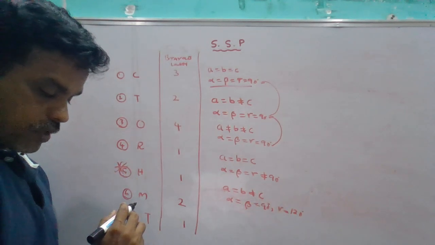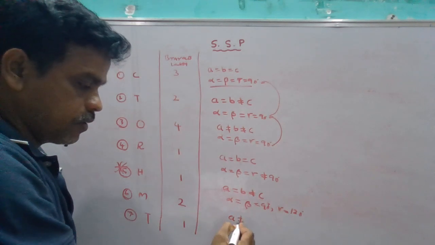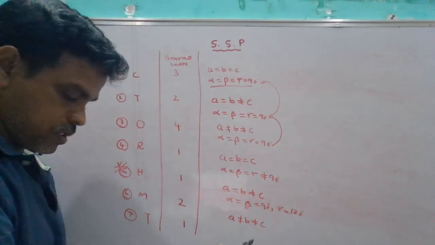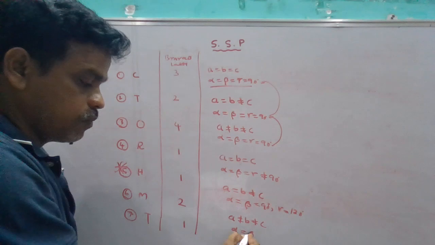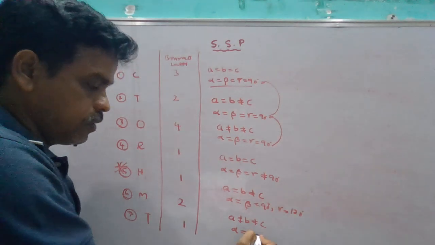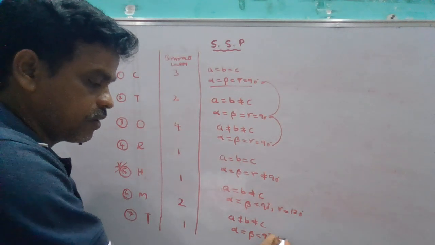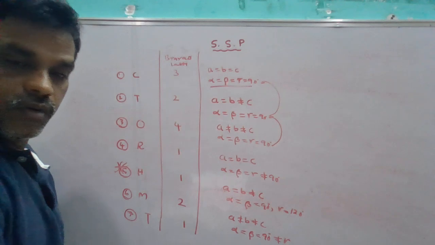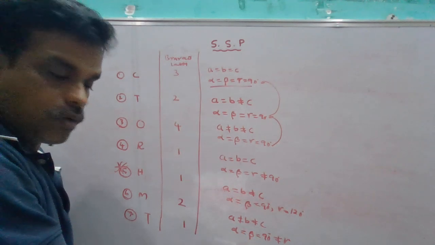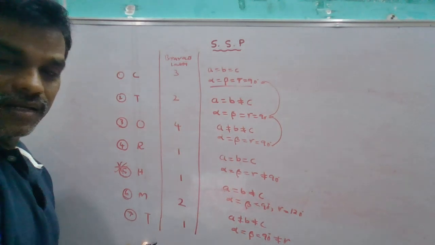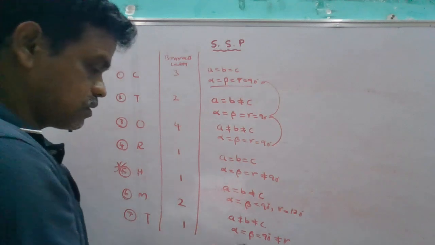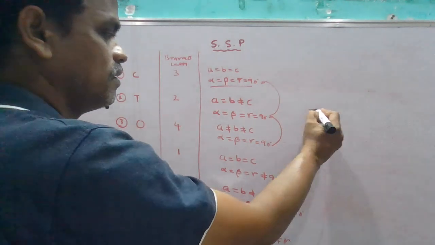Then what about monoclinic? A not equal to B not equal to C, alpha equal to beta equal to 90 but not equal to gamma. The last one, triclinic: space is limited, so I am writing here.